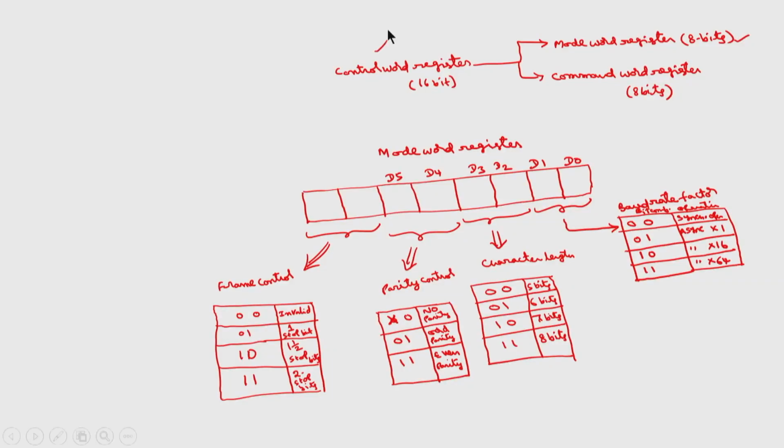So, this is the format of the mode word register, which is the first part of the control word register. And the second one is the command word register. The last bit of the command word register is transmitter ready.